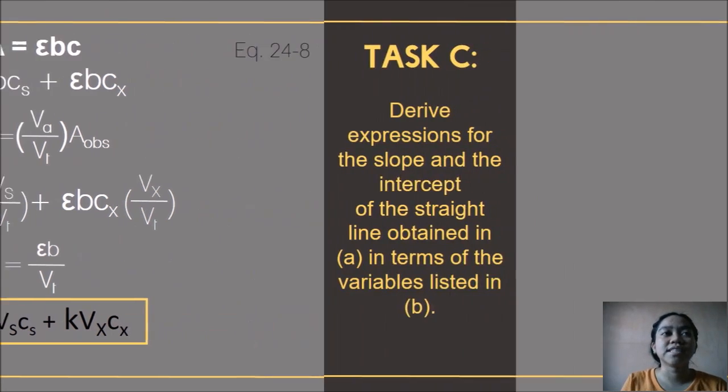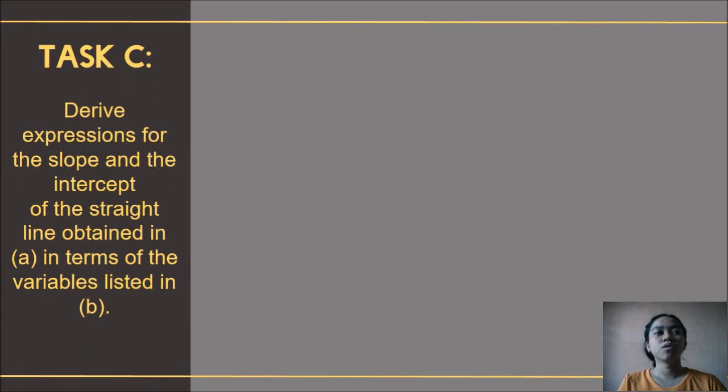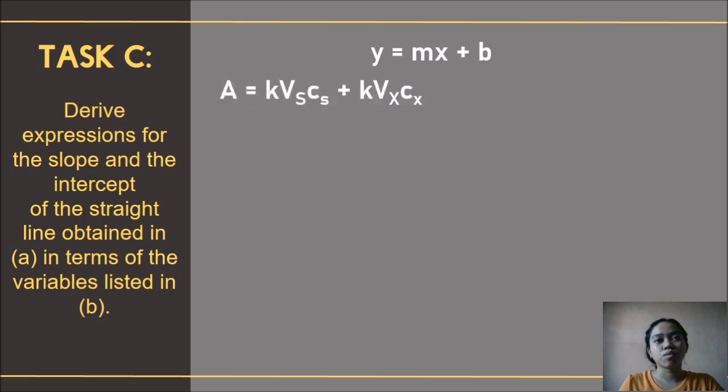Moving forward, for task C, we need to derive expressions for the slope and the intercept of the straight line obtained in A in terms of the variables listed in B. We know the equation of the line is y equals mx plus b, where m is the slope and b is the intercept. We will use the equation that we got earlier.